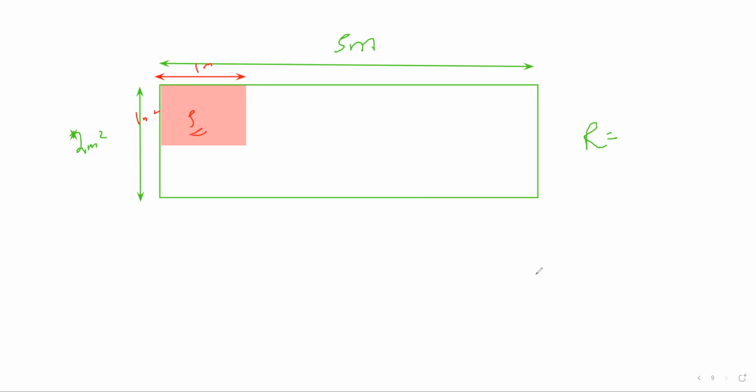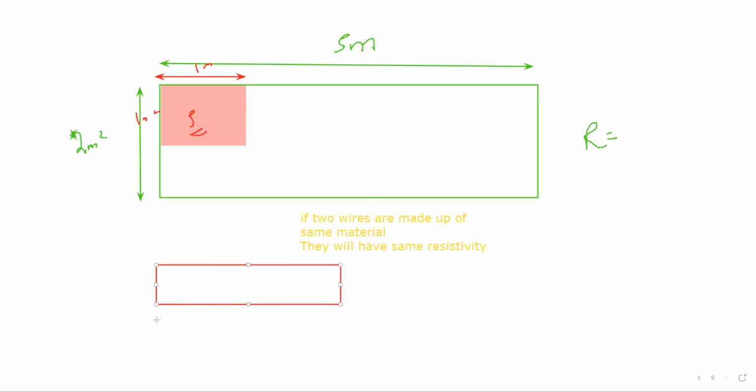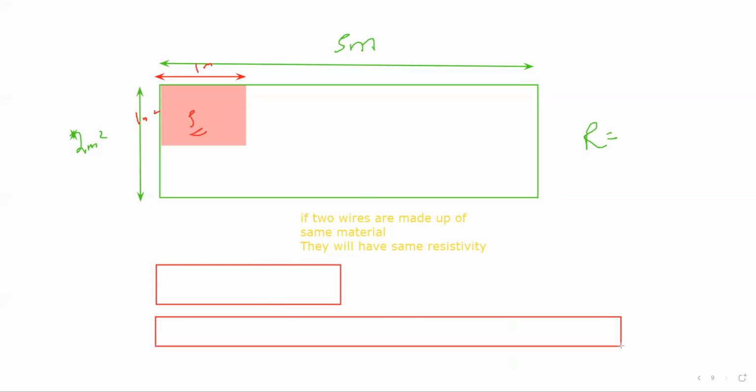So if two wires are made of the same material, they will have the same resistivity. For example, I have two copper wires with different lengths and different areas.